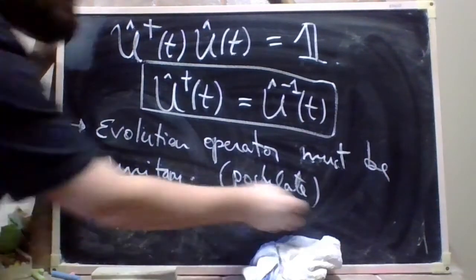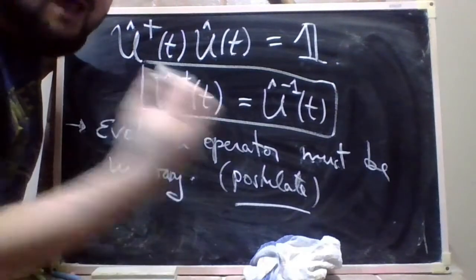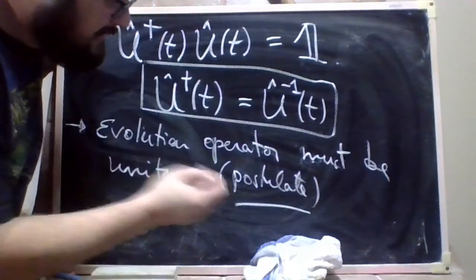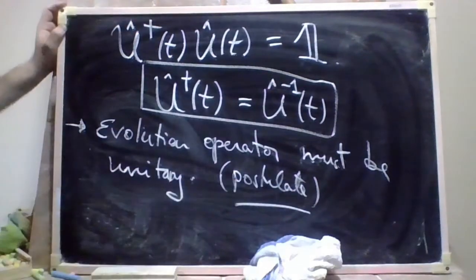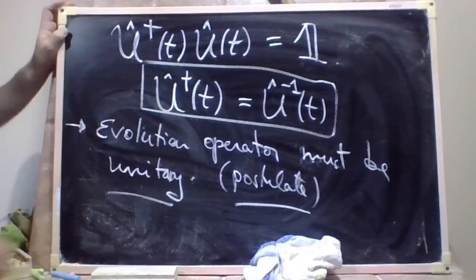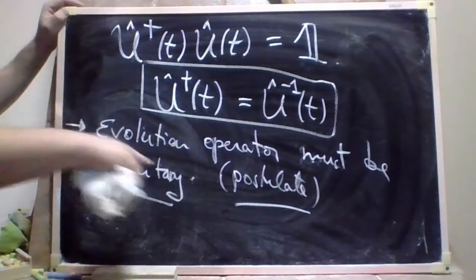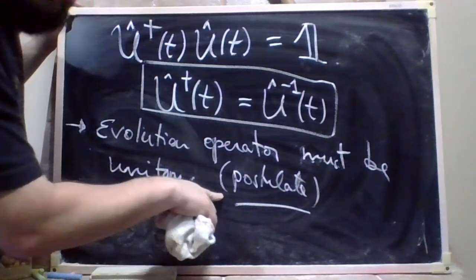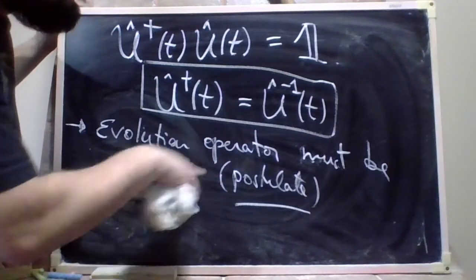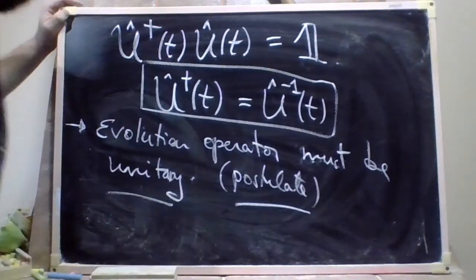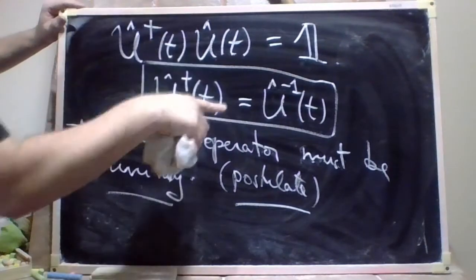All right, this is a postulate of quantum mechanics. But for now, we are interested in time evolution. So in time dynamics, the time evolution operator must be unitary. It is a very important consequence of the postulates of quantum mechanics, or maybe a corollary of the probabilistic interpretation in this case.